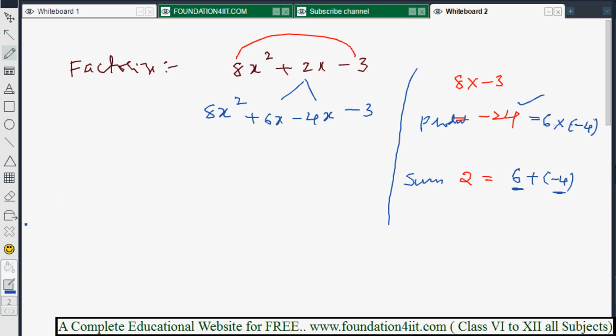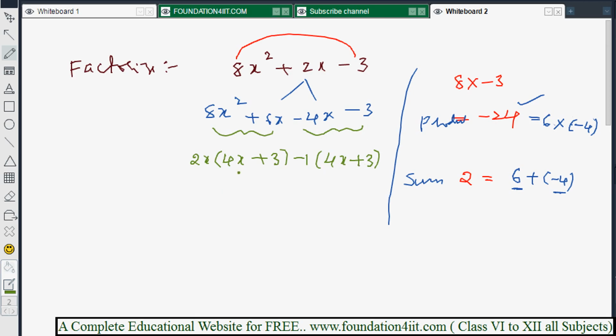Now take the common factor from the first two terms and the last two terms. In 8x square plus 6x, what can you take common? Take 2x as the HCF. If you take it common, then 4x plus 3 remains. In the next two terms there is no common factor, so only 1 can be taken. So I am taking minus 1 common, then 4x plus 3, because minus 1 into 4x is minus 4x, and minus 1 into plus 3 is minus 3, right?